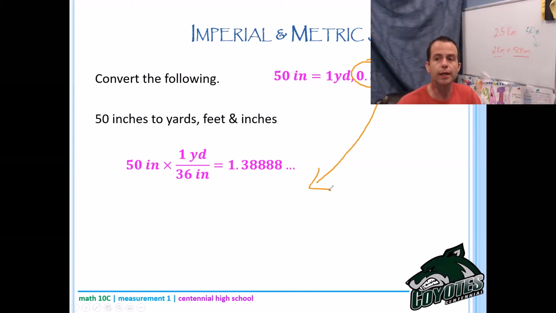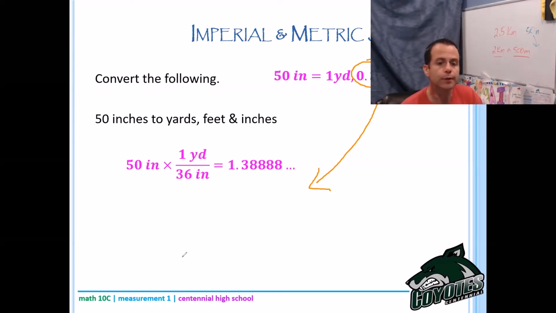So now, subtract 1, right? Because we've already dealt with the 1. The 1 is now going to be 1 yard. So subtract 1 in your calculator and then hit enter so that you're just looking at that 0.3888888.